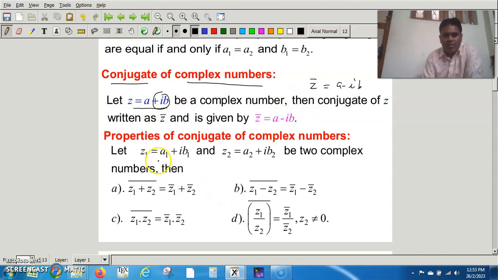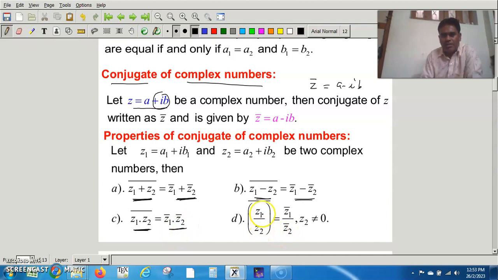Now there are some properties of complex numbers which we are taking here straightforward. Conjugate of the sum of two complex numbers is equal to the sum of their conjugates. The conjugate of the difference of two complex numbers is equal to the difference of their conjugates, and the conjugate of the product of two complex numbers is equal to the product of their conjugates.